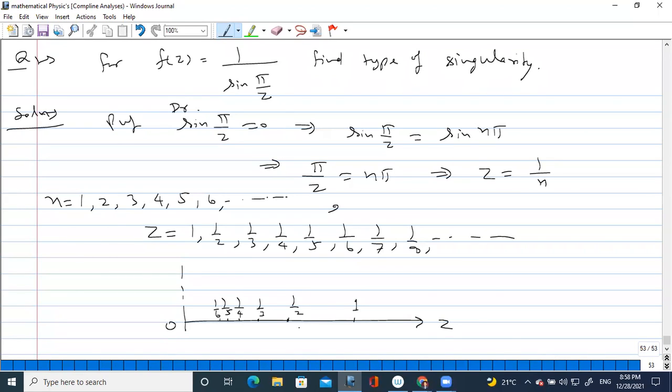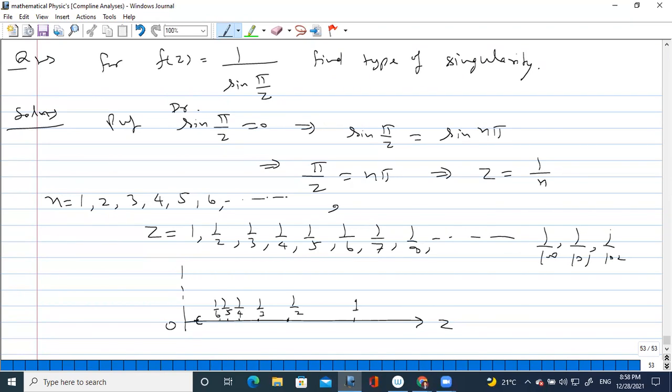Once we go to higher values of n, all the points are clubbing together. Once it is 1 by 100, 1 by 101, 1 by 102, you will find that these points are very, very nearby.